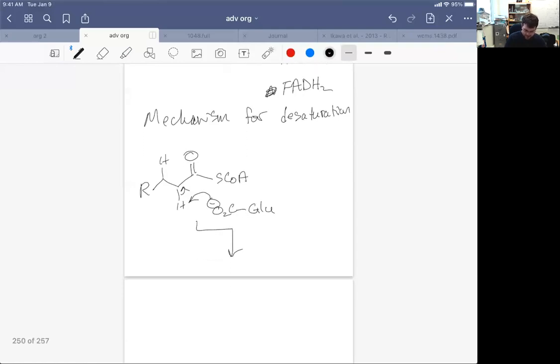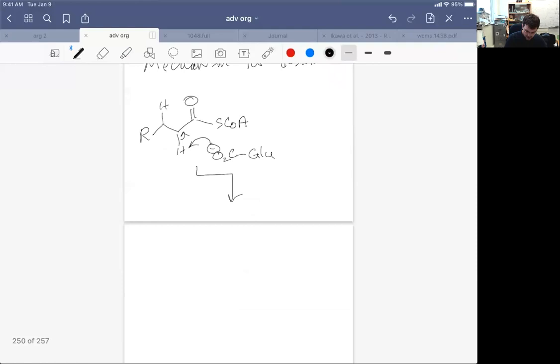Okay, so we're in the enzyme active site, and we're sitting here now without one of our hydrogens. I'm going to put some nice space on top so that I can add my FAD residue. Okay, so the negative charge is just sort of sitting there in the enzyme active site. And now FAD comes along. Now FAD is the one without the hydrogen atoms.